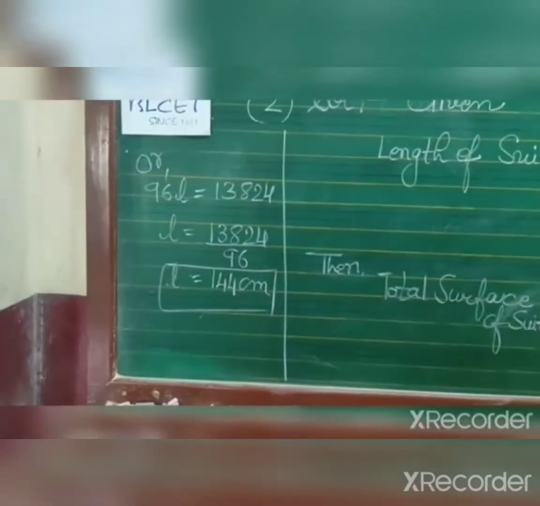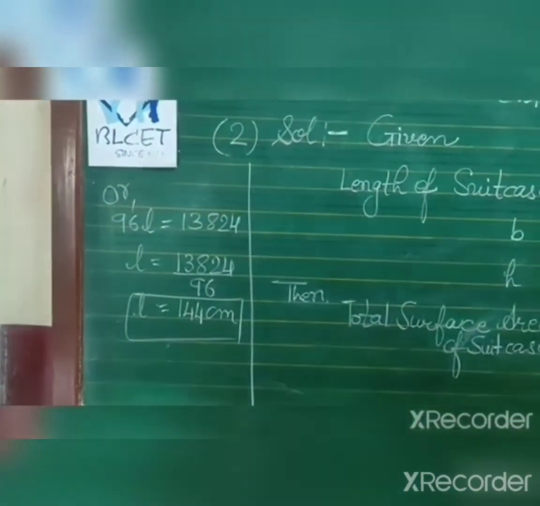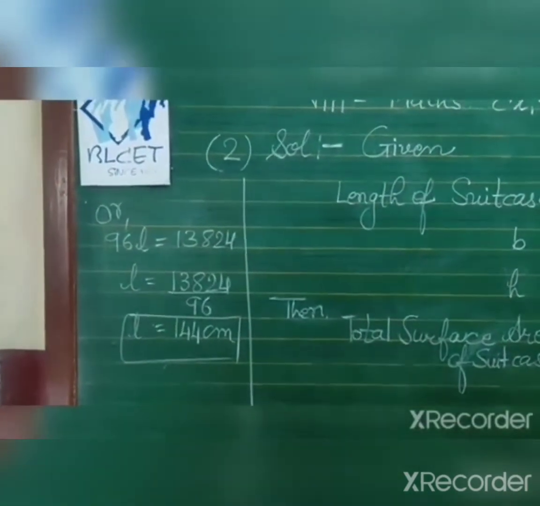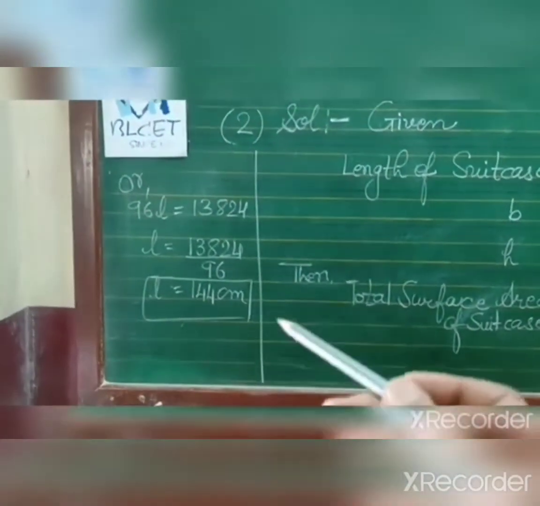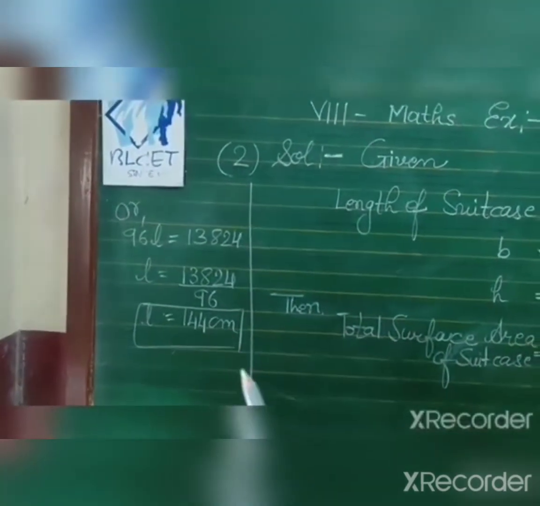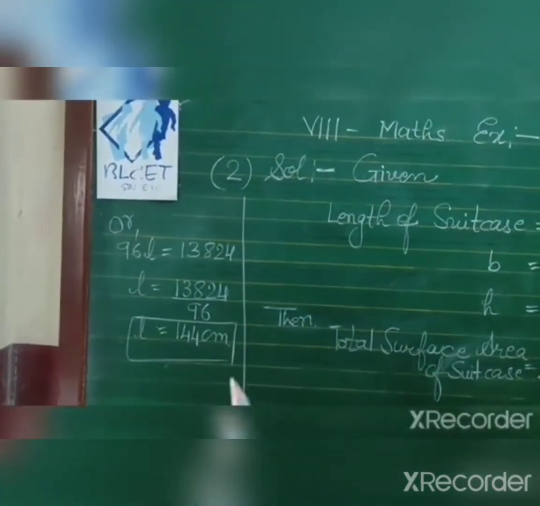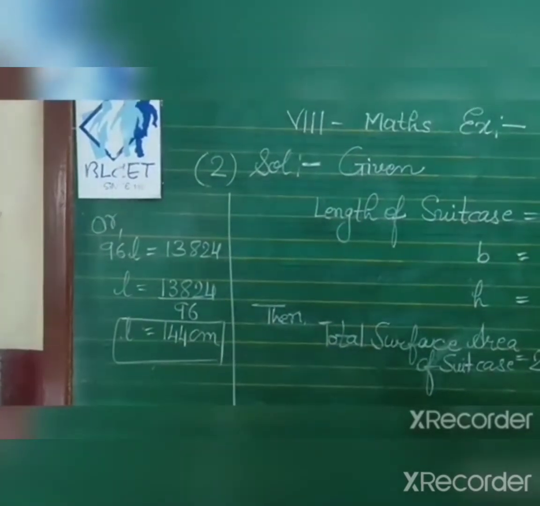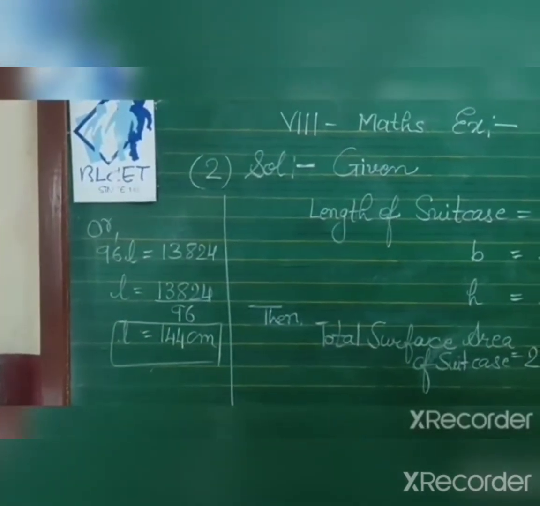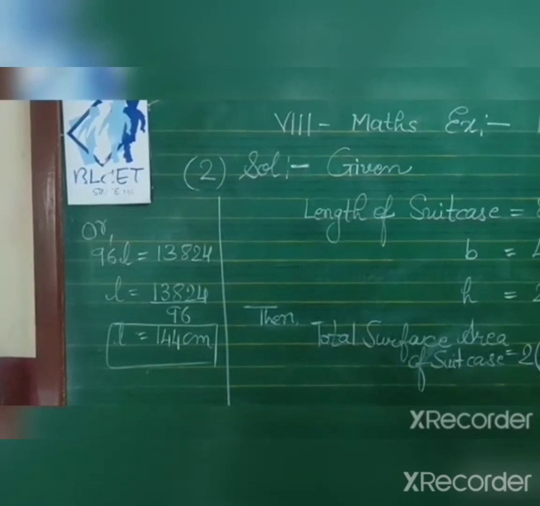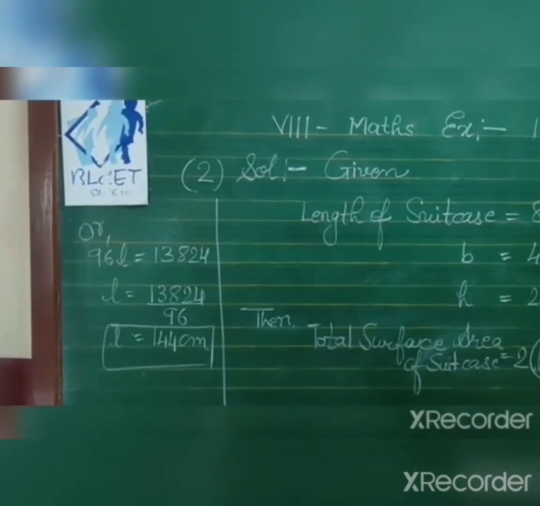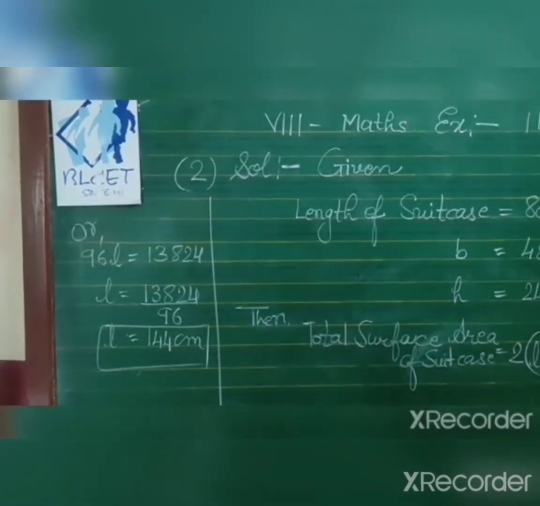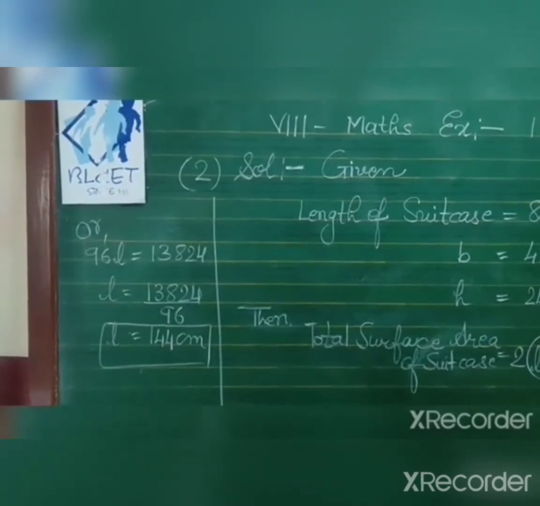Only for one suitcase we have calculated till now. So after that we will write, to cover one suitcase we need length of cloth equal to 144 centimeter. So to cover 100 suitcases we need length of cloth equal to 144 into 100 centimeter, which is 14,400 centimeter.